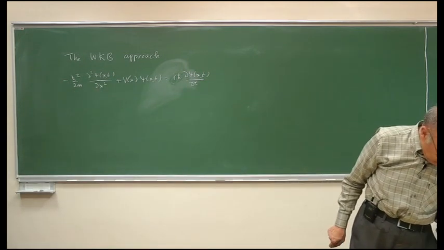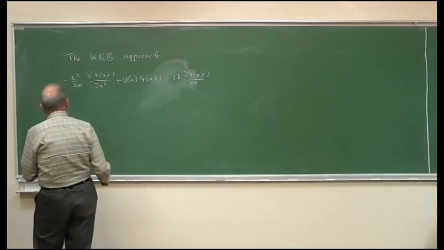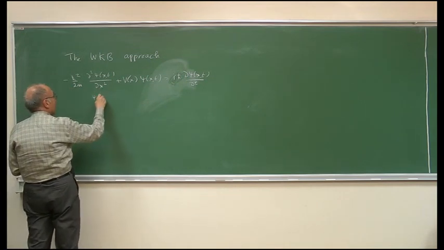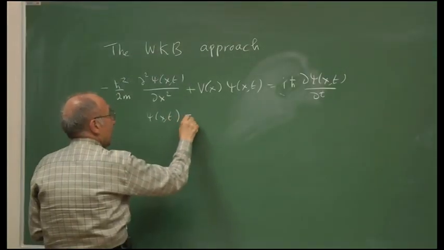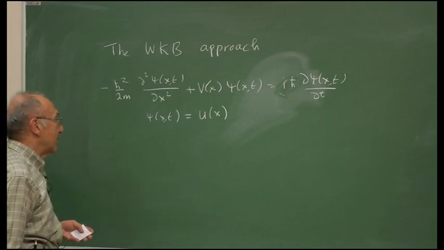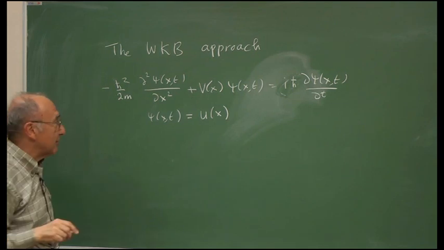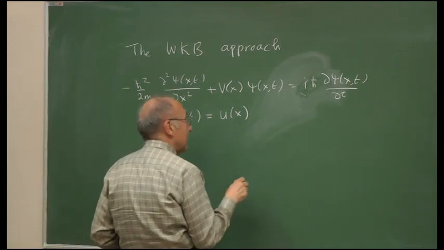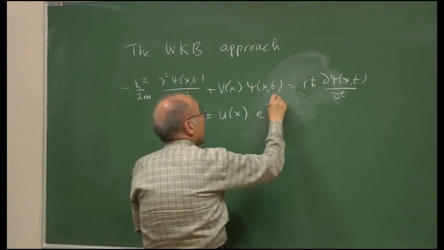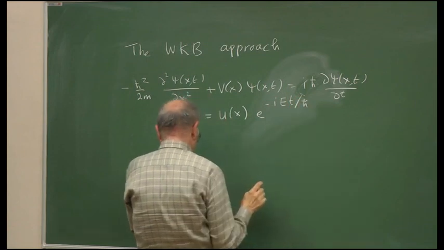Now, in order to solve this equation, we are going to first separate the variables, namely write psi as some phi of t times u of x. Usually, phi of t is known as the time dependent function, while u of x is known as the time independent function, and it is e to the minus iEt over h bar.